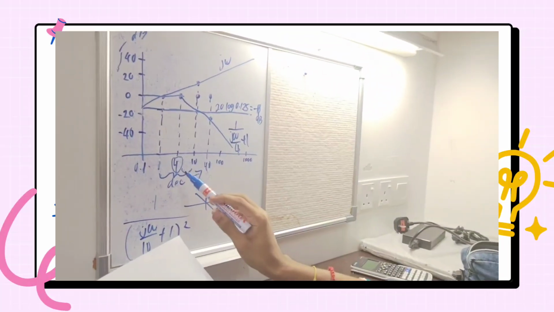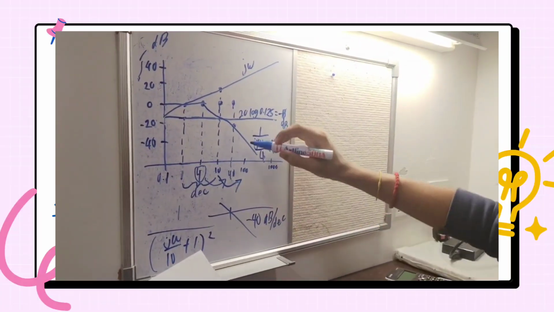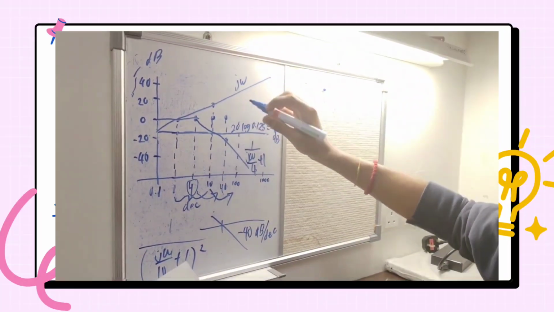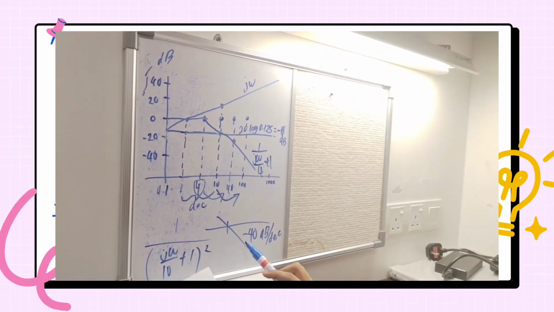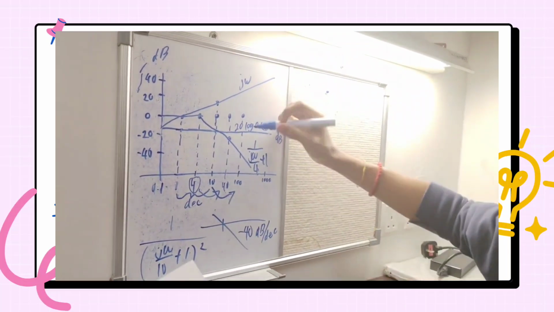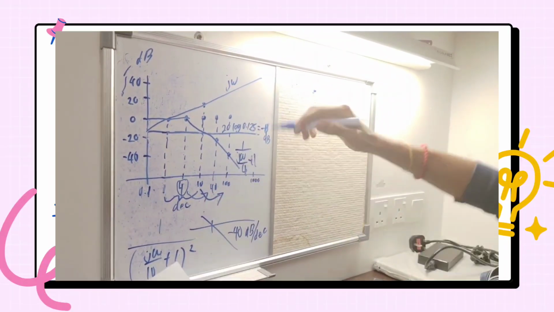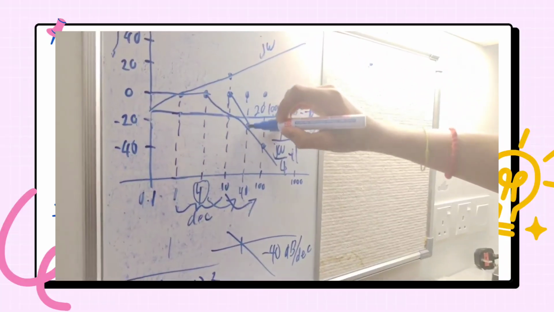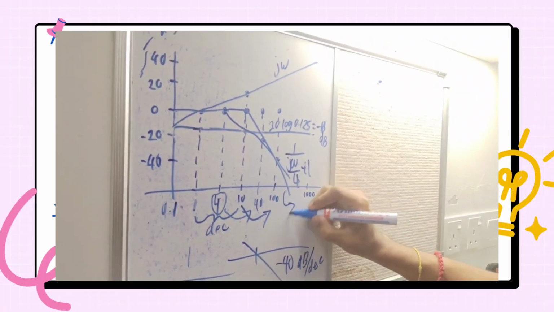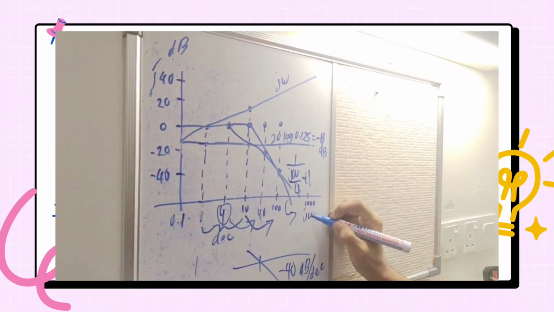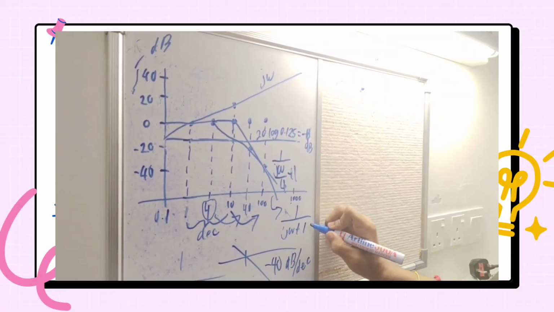Then, just like the simple pole, we take the decade, which is 100, but we decrease 40, so we plot it here, then sketch, then label it as 1 over (j omega over 10 plus 1) squared.